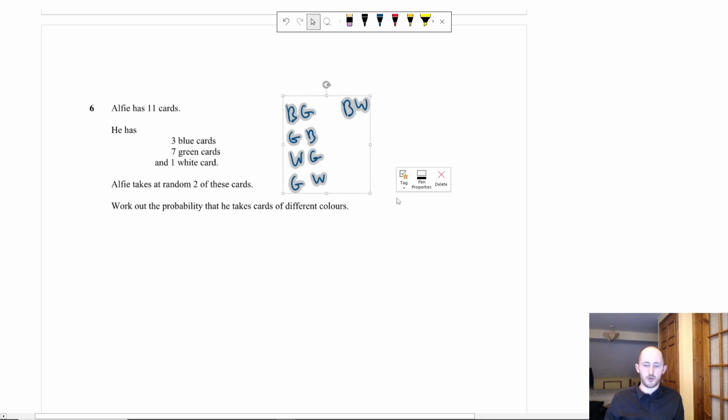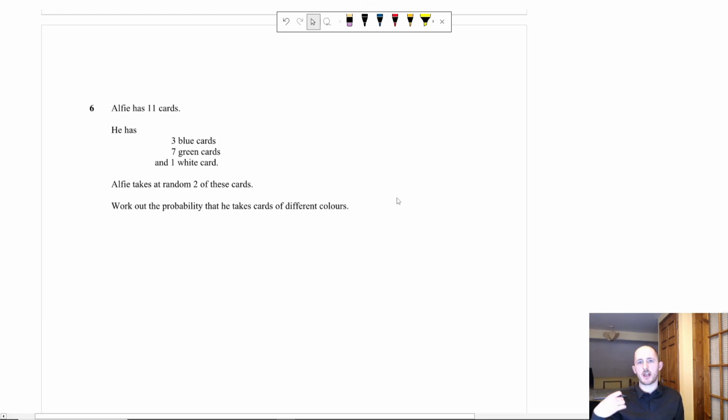Now the thing is, working out all of these probabilities and adding them is a bit boring. So what you can do is you can use the fact, and this is one of the spec points, that all probabilities sum to 1. So there are 2 possibilities, right? Either they have different colours or they have the same colours. Now, how many options are there for the same colour? Well, you can either get 2 blues, or you can get 2 greens, right?